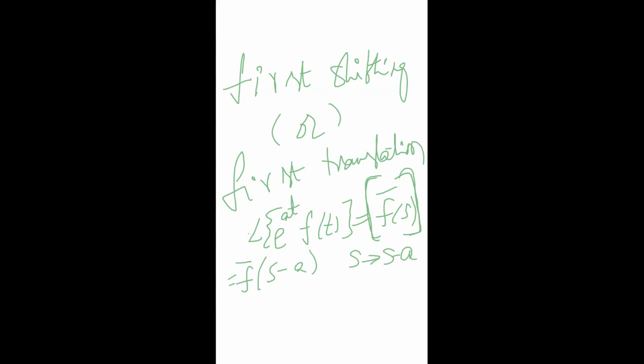Okay, this is called the first shifting theorem. How to identify the first shifting theorem? An exponential term e power at, this type of exponential function, is a multiple of another function, on left side or right side, any side. If e power at is a multiple of any other function, then it is called the first shifting theorem.